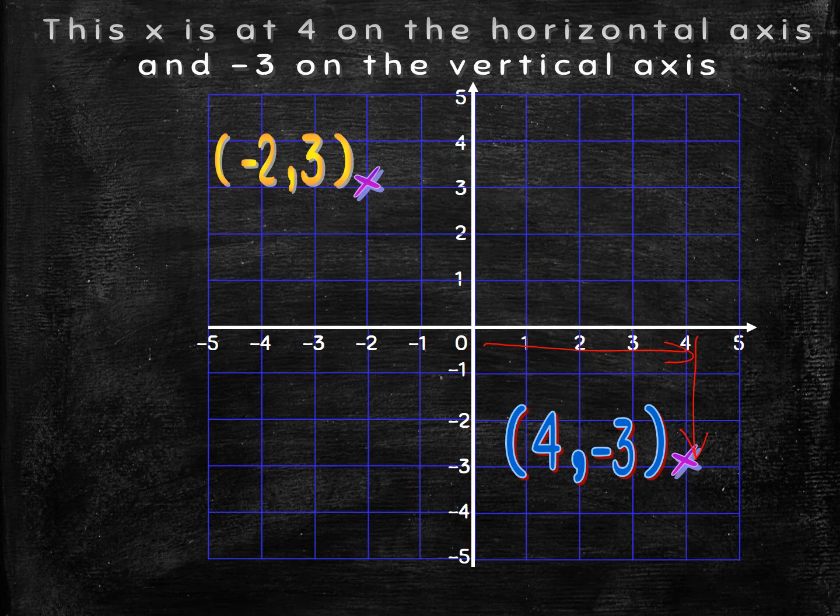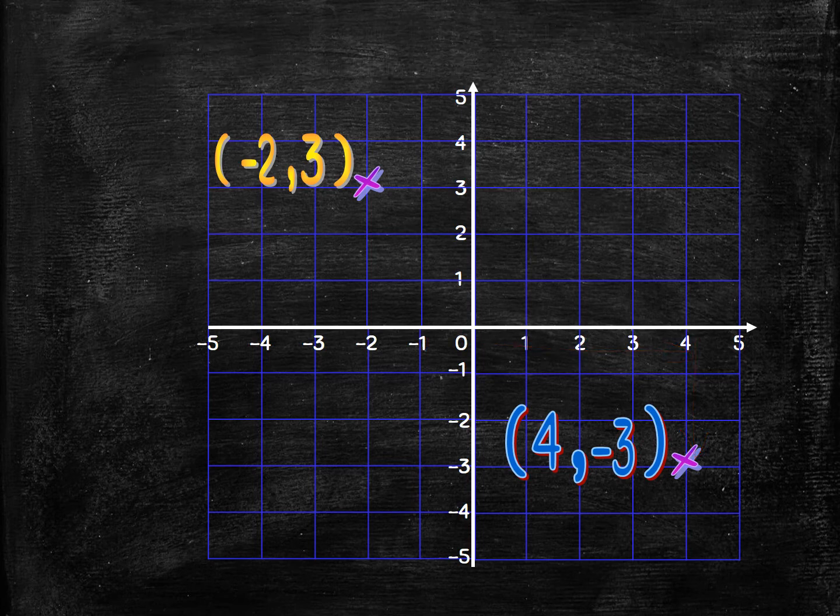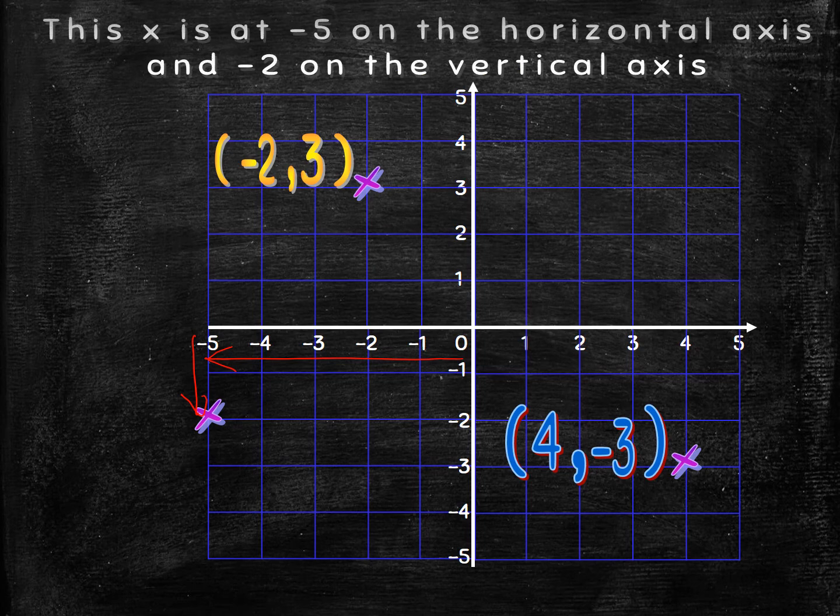Okay, let's have a look at one more. Okay, we've got this one here. So we've gone across to -5. So that comes first. We've gone down 2. So we're going -5 on the horizontal axis and -2 on the vertical axis. So our first number is the -5 for the horizontal and then -2 for our vertical, separated by a comma with some brackets around it.